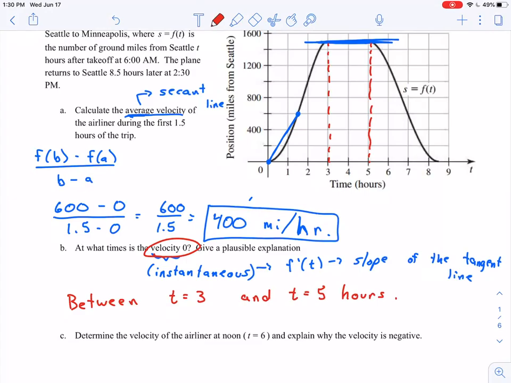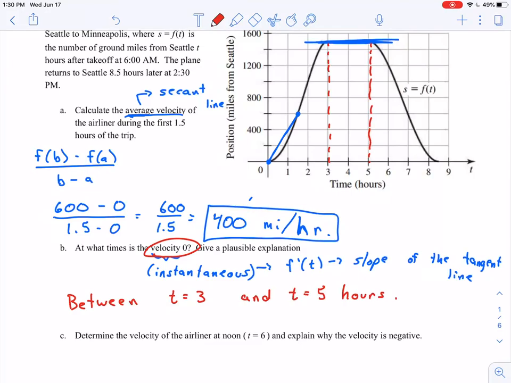They're waiting for passengers to get off of the plane. They're waiting for new passengers to board the plane. They might have crew moving in and out. But the important part here is that when the velocity is 0, the plane's just sitting where it is. So it's just sitting at the Minneapolis airport, not really going anywhere. It's not going forwards, not going backwards.